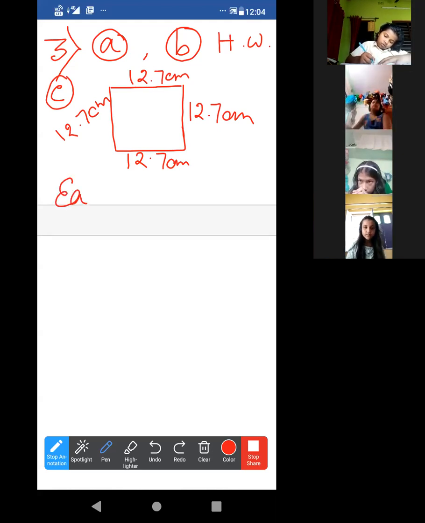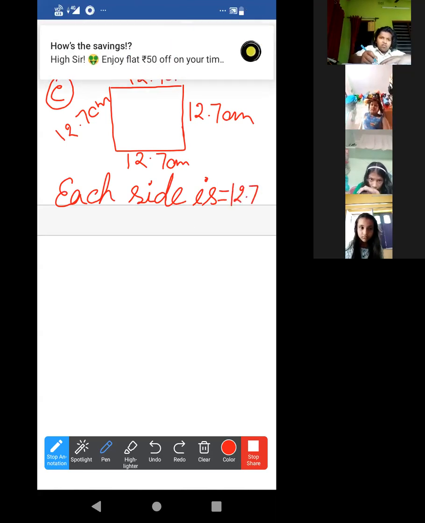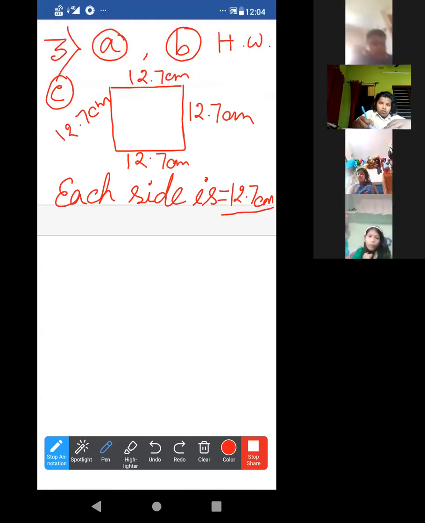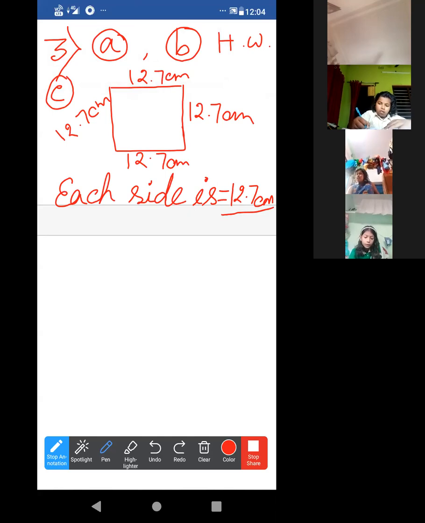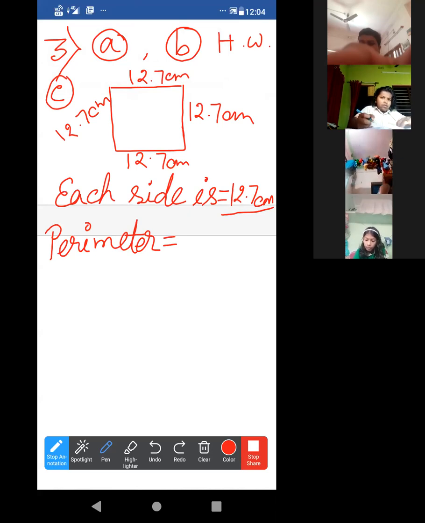Right, each side is equal to 12.7. So perimeter is equal to 4 into length of each side.